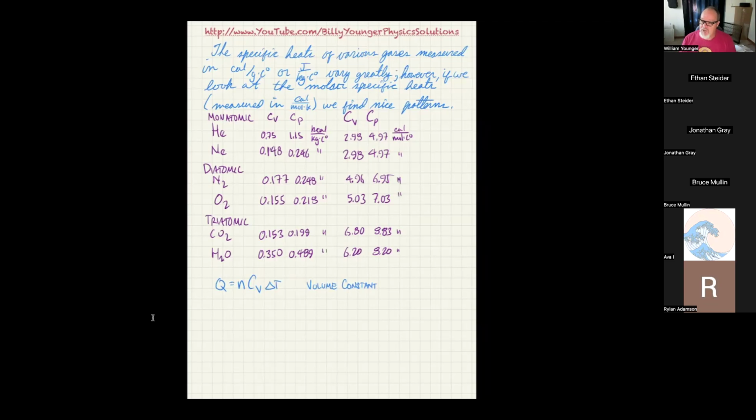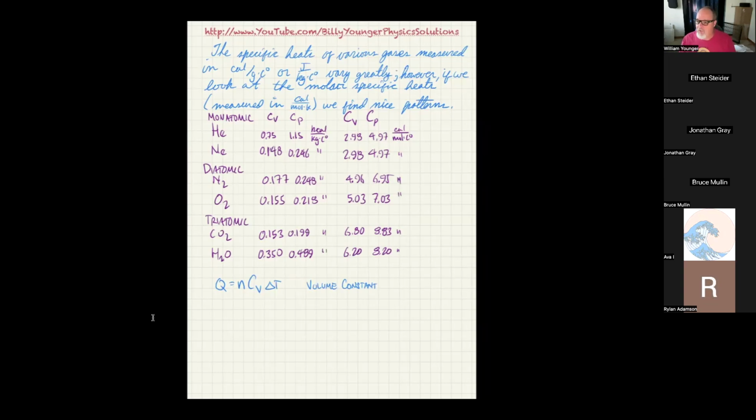So if you can imagine, if you put heat into a gas, according to the first law of thermodynamics, that heat can go into the internal energy by increasing the temperature, but it can also go into doing work. So if you actually do add heat at constant volume, no work can be done.